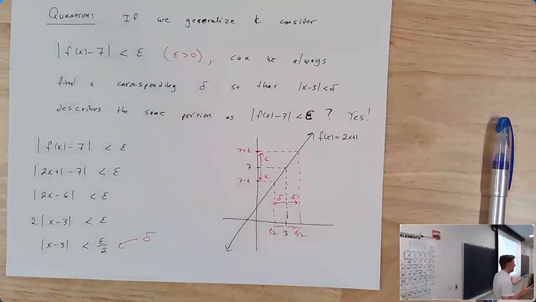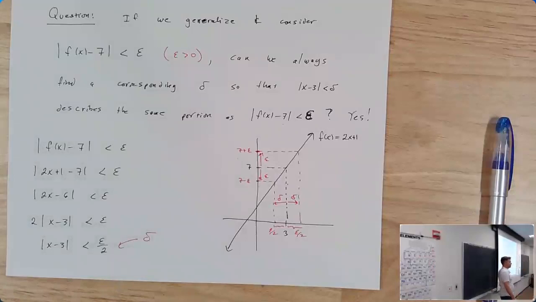So here's what I would say. Delta and epsilon are supposed to represent small positive numbers. Epsilon could be 1/10. Epsilon could be 1 billion. And the point is that no matter what epsilon is, let's say we picked epsilon equal to 1 billion. Well, delta would need to be half of that.